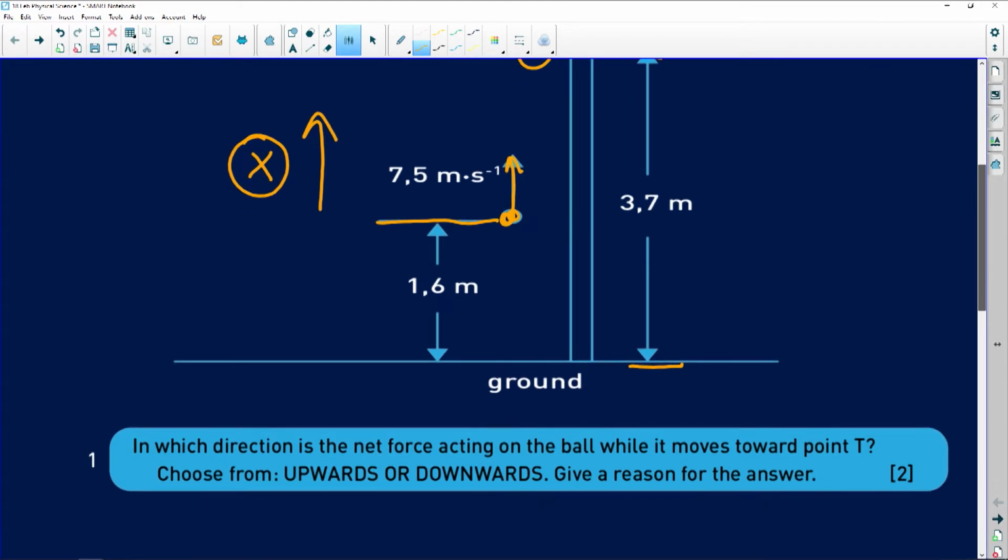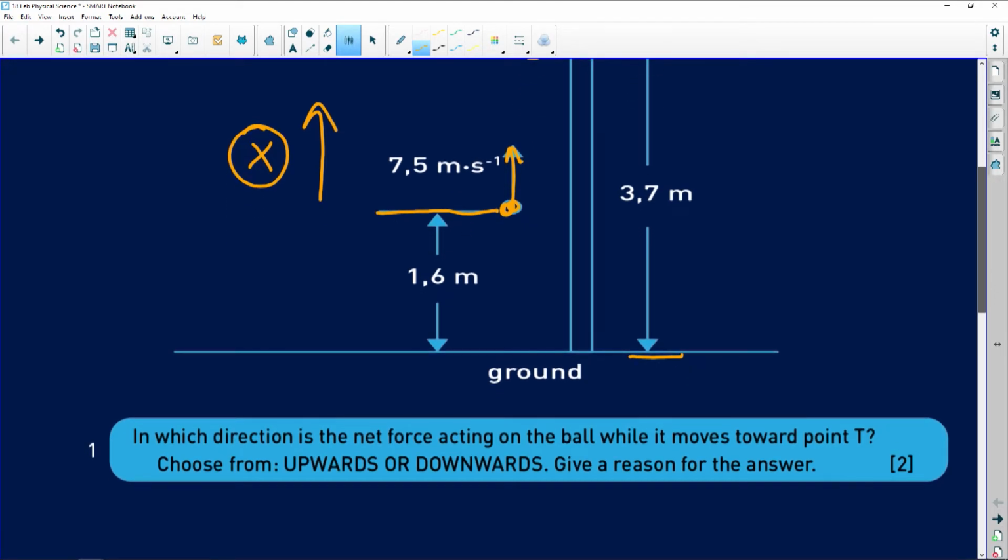Okay, so the first question says, in which direction is the net force acting on the ball while it moves towards point T? So when the ball is in the air, the ball was thrown up. Once it's in the air, the only force acting on this object is the force of gravity. So that's nice and easy.